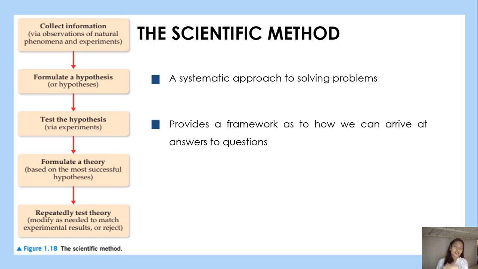And then the second one is you test the hypothesis. So that is through experiments, so experimentations. And then after that, you formulate a theory based on the results that you had in your tests or experiments. And then you repeat this in order to come up with the best result that matches your hypothesis.